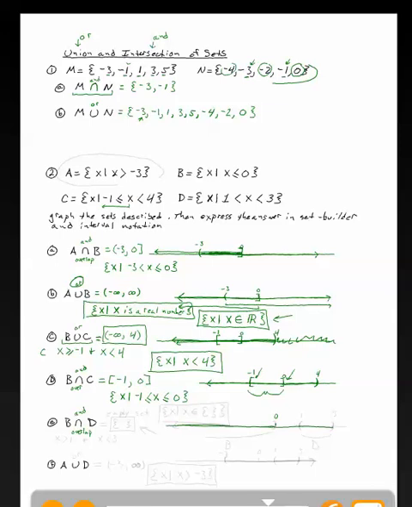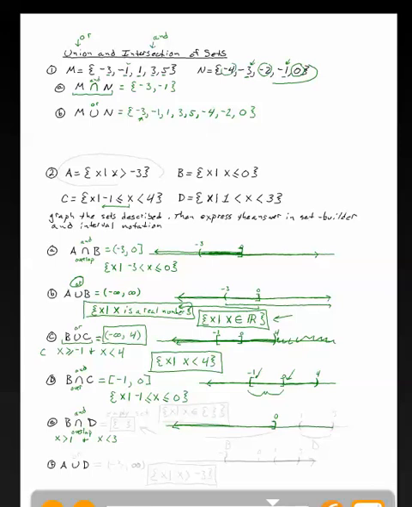Less than goes to the left, or equal to means we have a bracket. The set D has two conditions. X is greater than 1, and it also has the condition that x is less than 3.